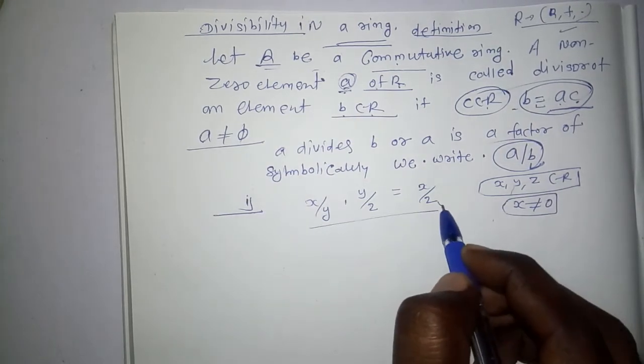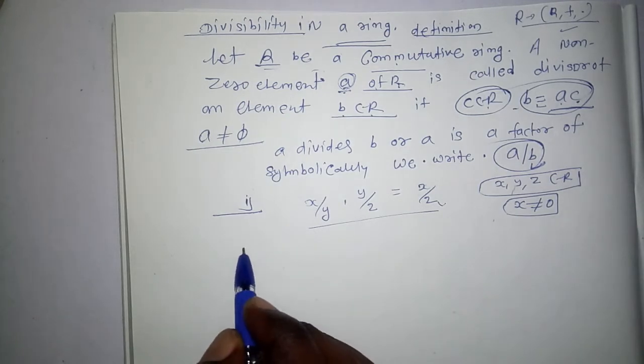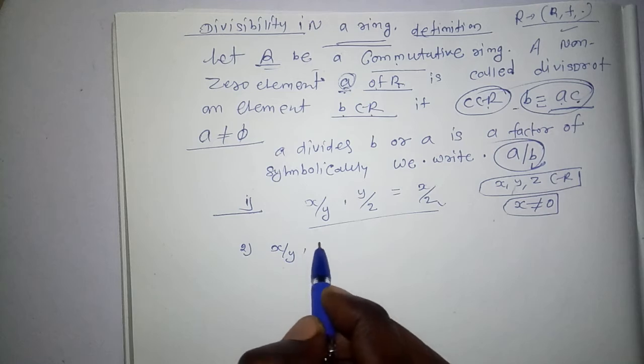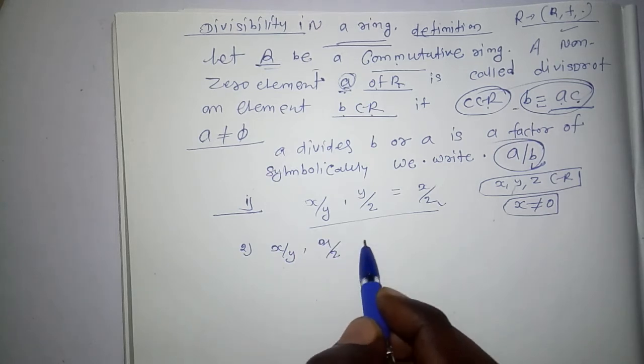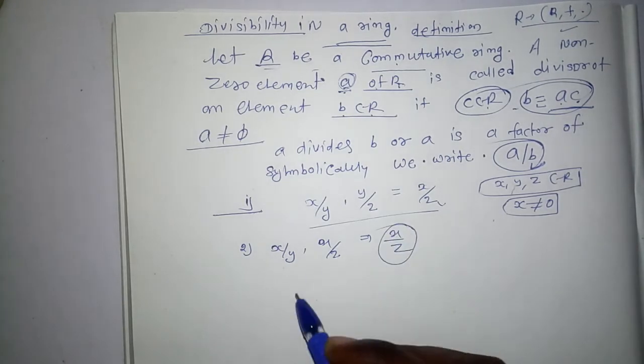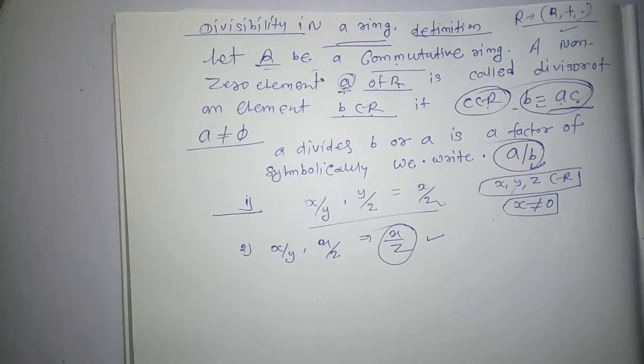Okay, this is the first property. And the second one is: x divides y and x divides z, then x divides y plus z, students. This is the second property.